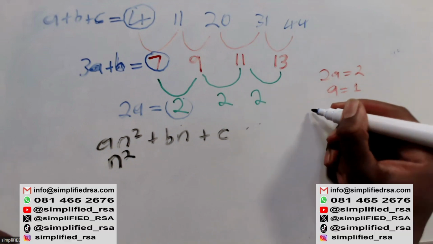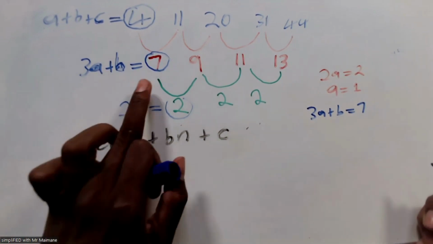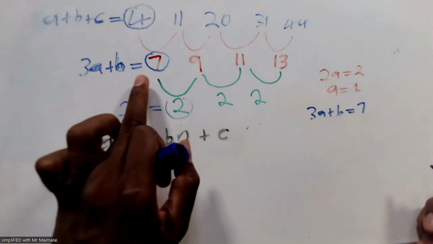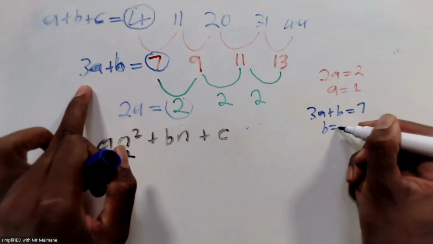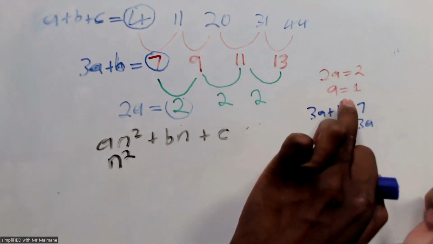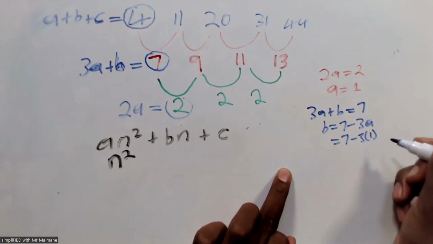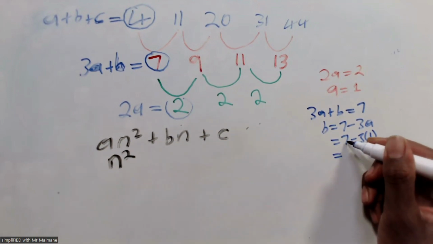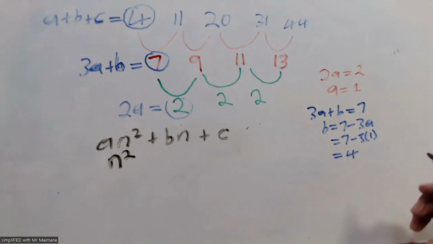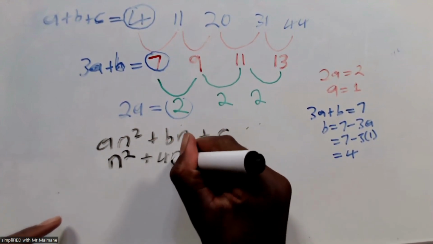Now, to get b, I say 3a plus b is equal to 7 from this, which means b is going to be 7 minus 3a, right? But I know my a is 1, so b is going to be 7 minus 3. Therefore, I'll have 7 minus 3 is going to be 4, meaning the value for b is positive 4. Therefore, b is 4n.